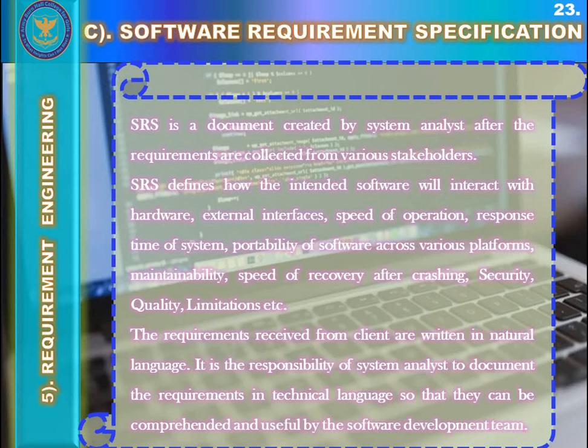The software requirement document defines how the intended software will interact with hardware, external interfaces, speed of operations, response time of the system, portability of software across various platforms, maintainability, speed of recovery after crashing, security, quality, limitations, etc. So all formal and informal, functional and non-functional requirements are documented in the software requirement specification document, and this document is made available for the next phase.